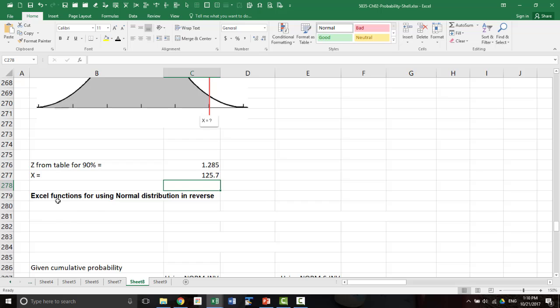Now Excel has two functions for the inverse, like the DIST distribution functions for probability. One uses the probability, mu and sigma, so this will give you the x value directly. Or you can use the norm.s.inv function, which takes in only the probability and will give you the z value only.